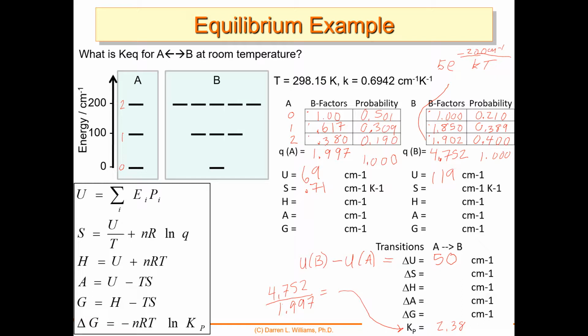But this is a place where people mess up. You might have your energies listed in a table in kilojoules, but you look up the table for entropy and it's in joules. So there's a power of 3 there that's different. And a lot of times people will mess up their equations by writing their entropies in kilojoules when their energies are in kilojoules.